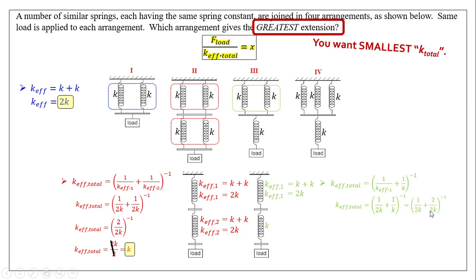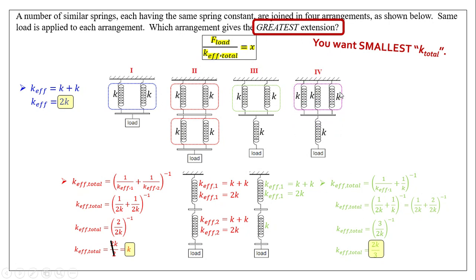Now that you have common denominators, you can do 1 plus 2, which is 3, and it sits over the common denominator 2k. So the parentheses by itself reduces down to 3 over 2k, but now we have to flip it to get rid of this negative 1. So k effective total is just 2k over 3.